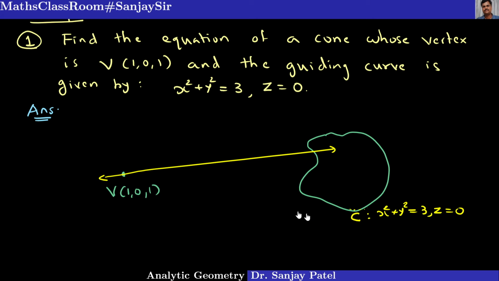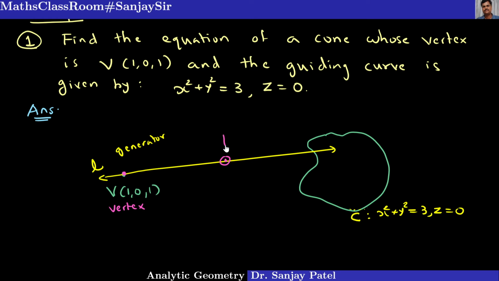So there are infinitely many generators like this. This is a generator. Let me call it the variable line L. Now I am taking any point on this generator. First of all, remember this line is variable. It is not a fixed line. The only thing is it is passing through this fixed point V, which is the vertex of the cone.